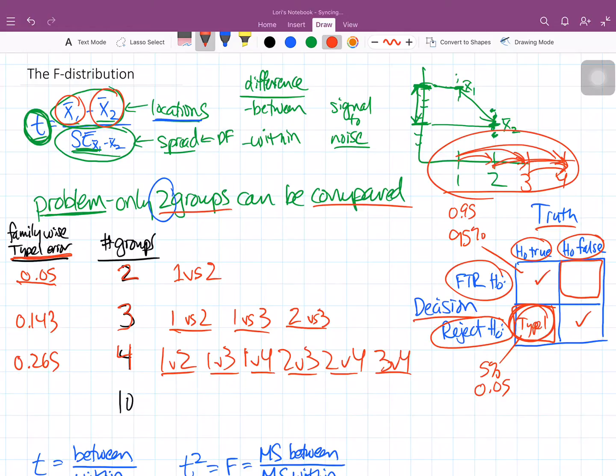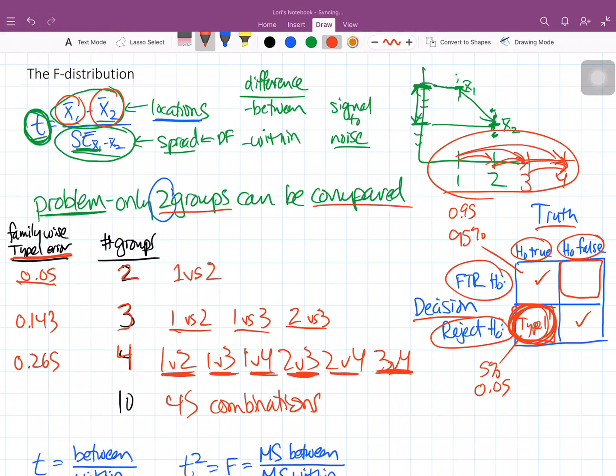In other words, more than a quarter of the time, in one of these combinations, we're going to make the wrong choice. We're going to say that we reject the null, when really it was just by chance alone that we happened to draw that particular sample, or we measured whatever. As soon as we get up to 10 groups, there are 45 combinations.